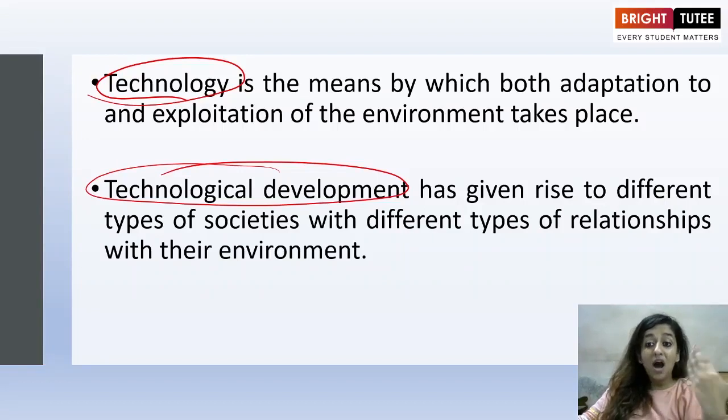Or it is the transportation system, the cars that we have made, which saves us from the rain outside. So technology plays a very, very major role in adaptation and also in exploitation.